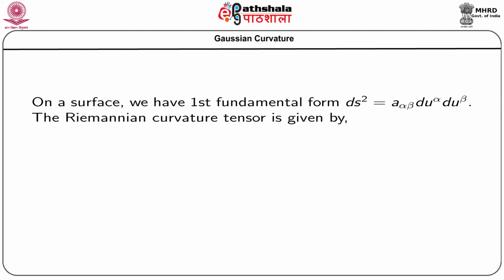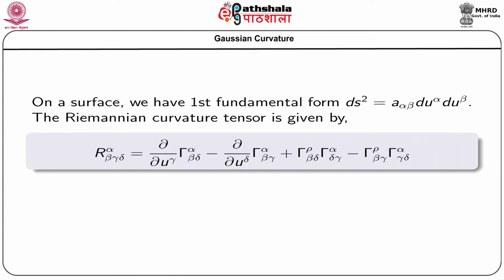On a surface, we have the first fundamental form ds square equals a alpha beta du alpha du beta. The Riemannian curvature tensor is given by this expression.